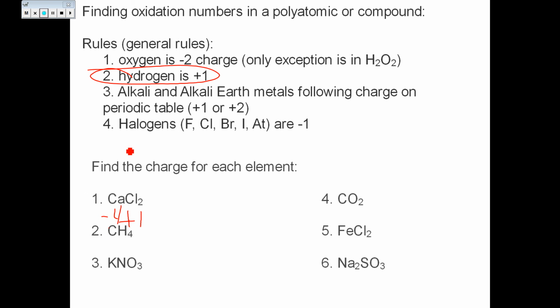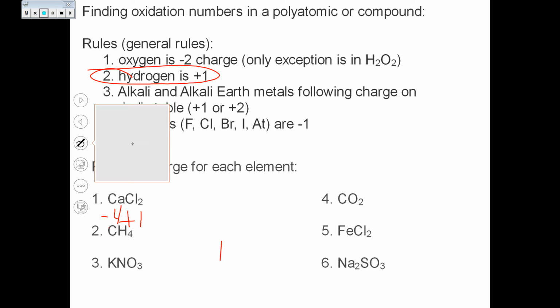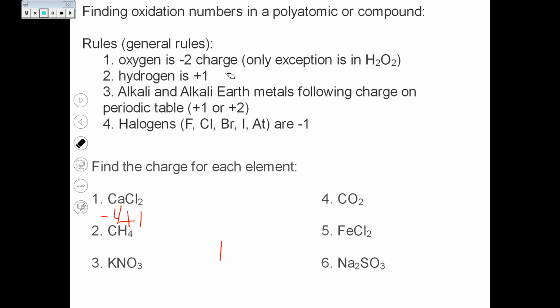All right, let's take a look at KNO3. Here, there are 3 elements, and you check to see if any of them are on that list up there, so you can fill those in first. And we see that potassium is an alkali metal, so we're going to say that's always going to be +1. Oxygen is on that list, so we're going to say oxygen has a -2 charge.